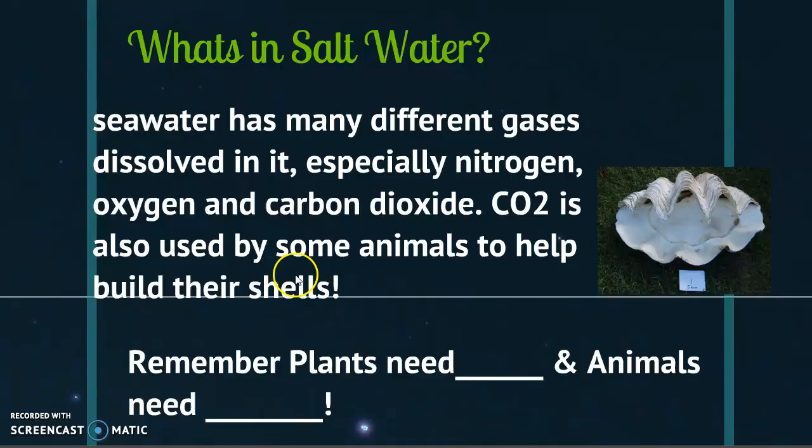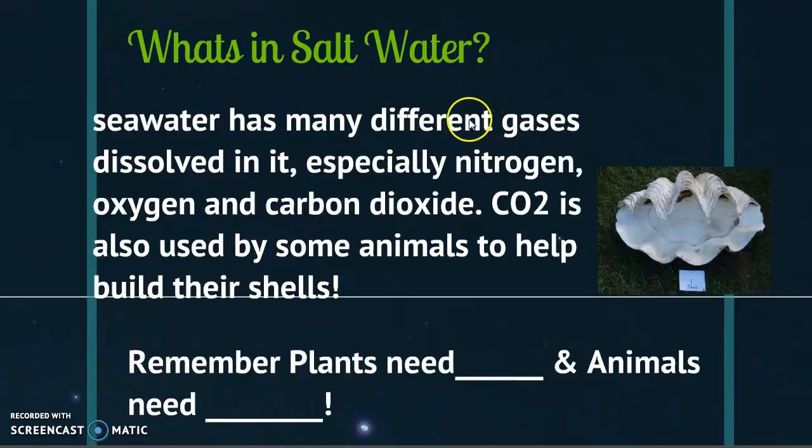This is why you find bigger animals in colder water. If you were to Google the Alaskan king crab or all this stuff, they're not found in warm water. They're found in cold water, simply because colder water holds more gas.